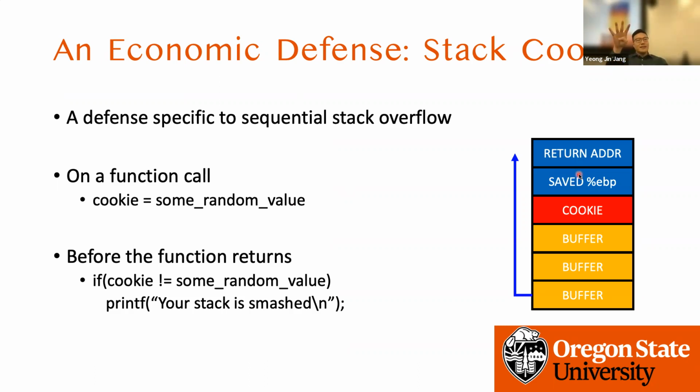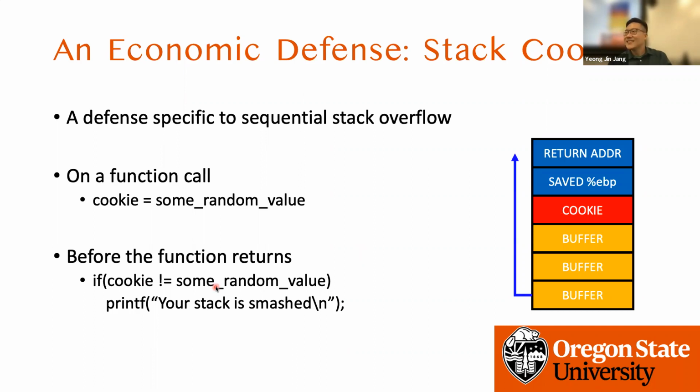It is 4 bytes on a 32-bit machine and 8 bytes on a 64-bit machine, and then we just let it run. Suppose the attacker overwrites this buffer and smashes the cookie with AAAAA or something. At function return, we compare whether that value is the same as the previous value. If it is not, we kill the program.